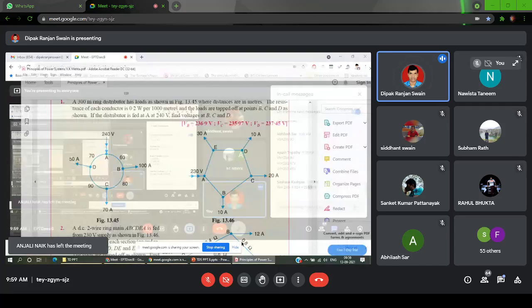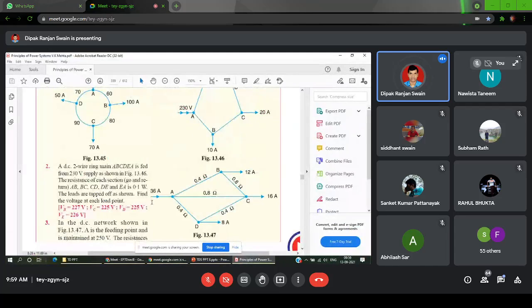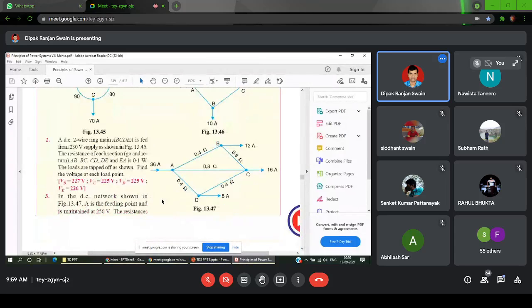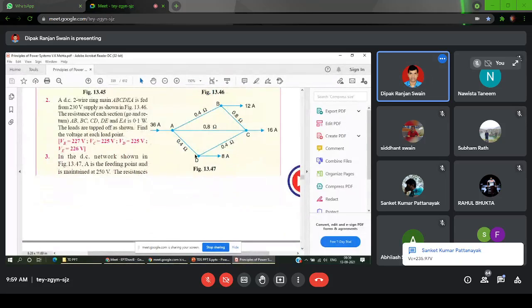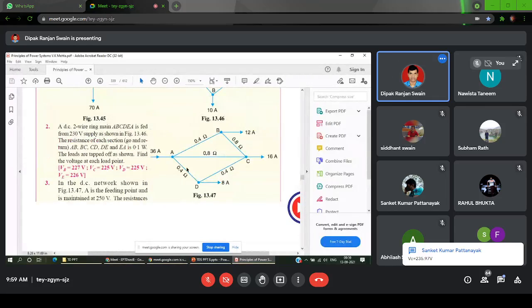Okay. Now let us go to the next problem where there is a interconnector. So just draw this figure first, 13.47. Draw this figure first, then I will read the question.